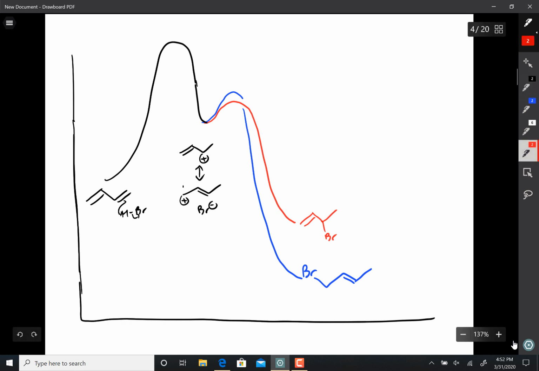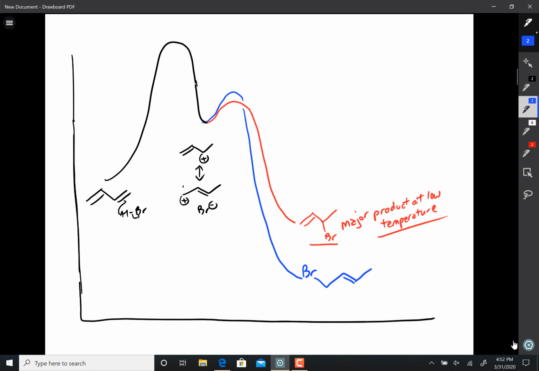So at low temperatures, the reaction doesn't go backwards. And so this is the major product. When you go to higher temperatures, the reaction becomes reversible. Since it's a reversible reaction, then the most important one is the largest barrier going backwards, because that's the least likely one to happen, and that'd be the thermodynamic product.